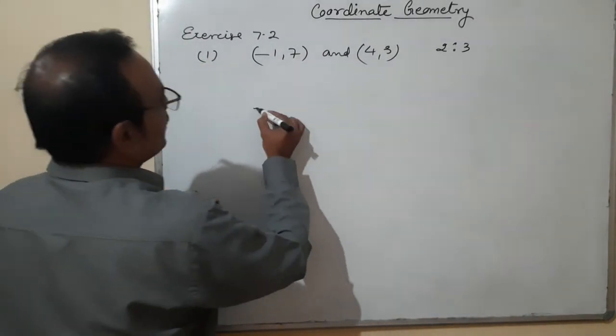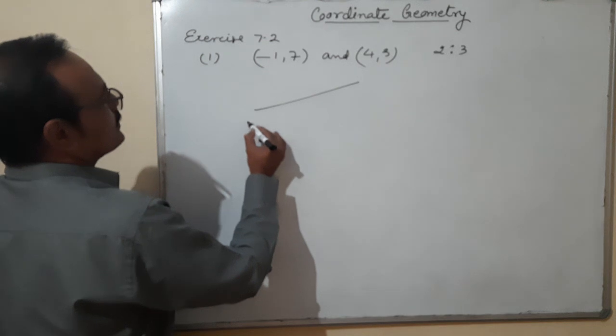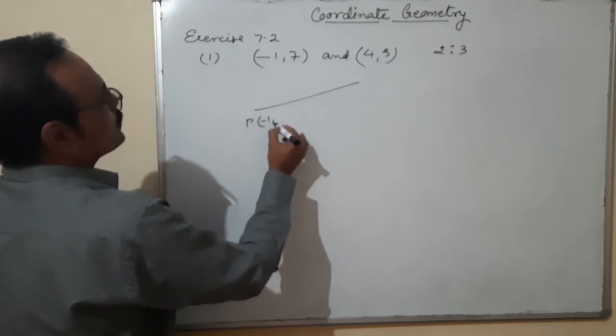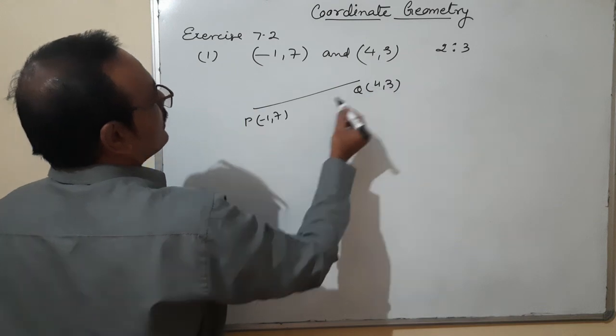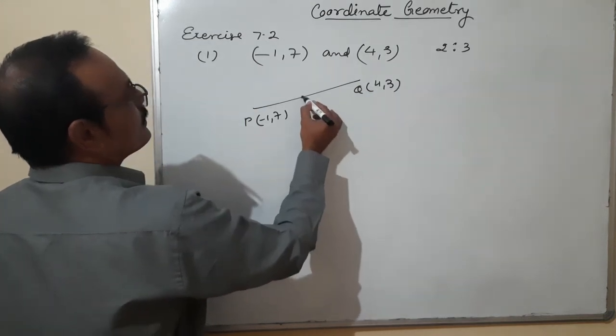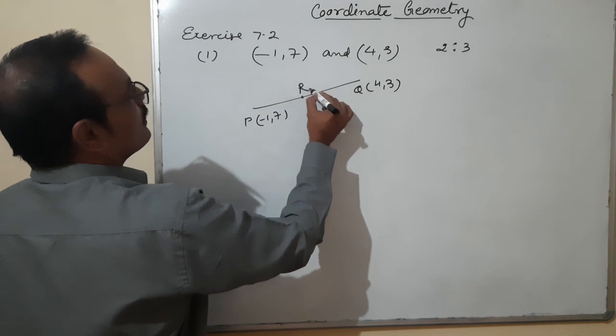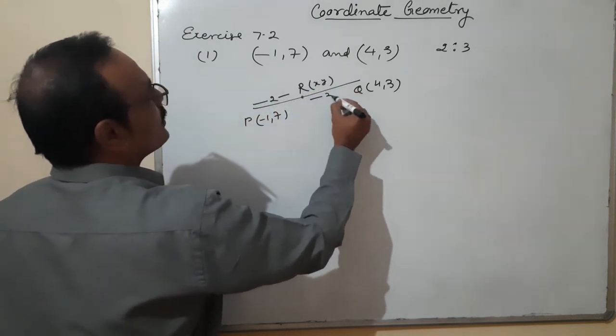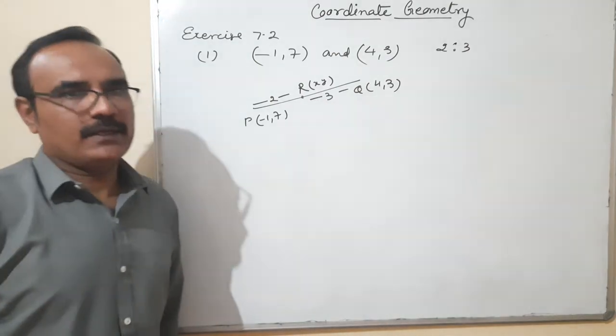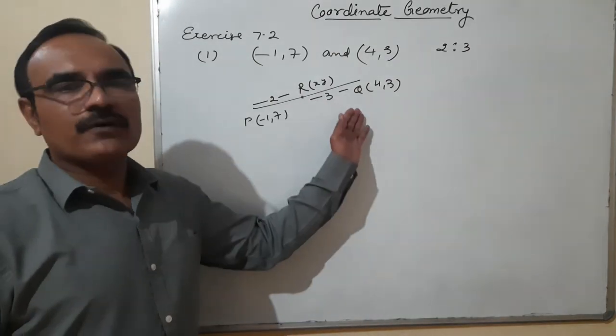Same situation, this is a diagram. Suppose it is P(-1, 7), that is Q(4, 3). Let the point R, its coordinates x, y, divide in the ratio 2:3. You can make a diagram like that. It would be very helpful for you to solve the question.